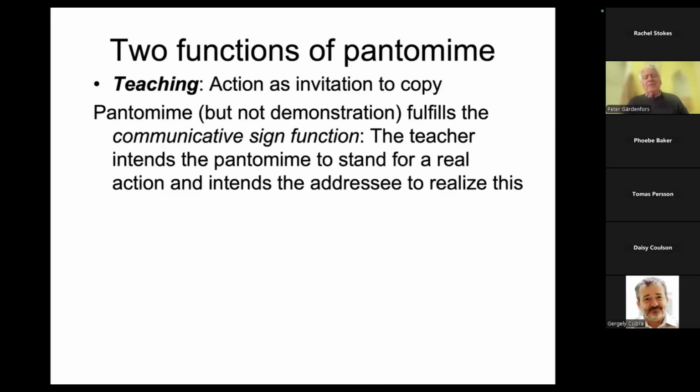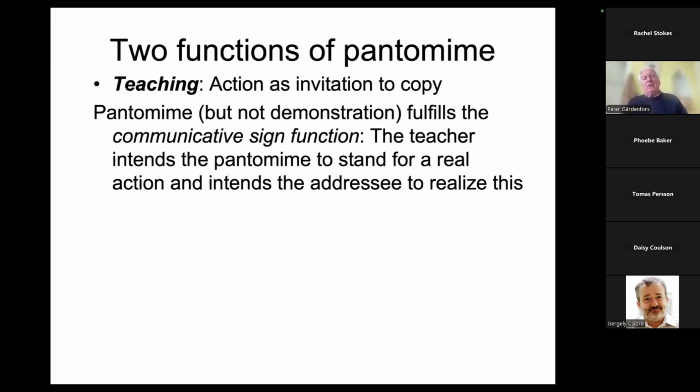And that means that the teacher intends the pantomime to stand for real action. So the crucial words here are stand for. This is a representation. The pantomime is a sign in the Peircean sense, and it stands for a real action. And of course, he also intends the addressee, the learner, to realize that it's not a real action, but something that stands for.